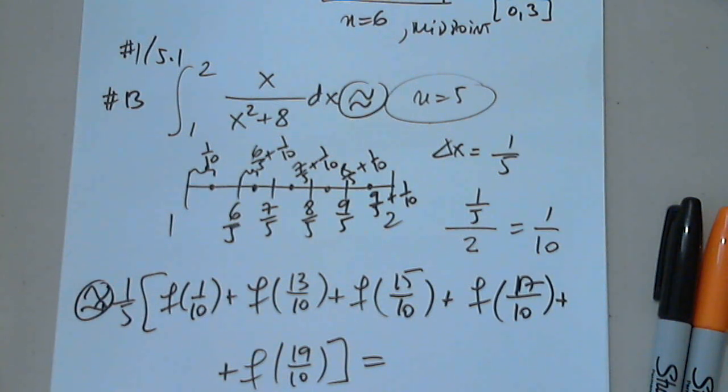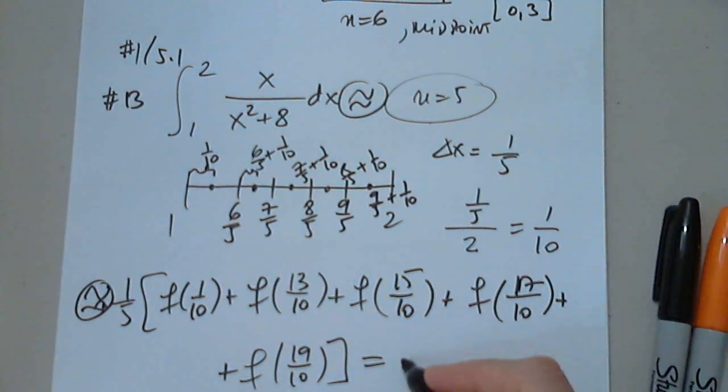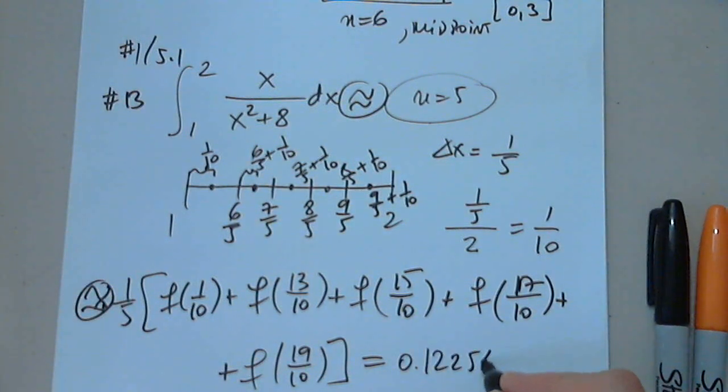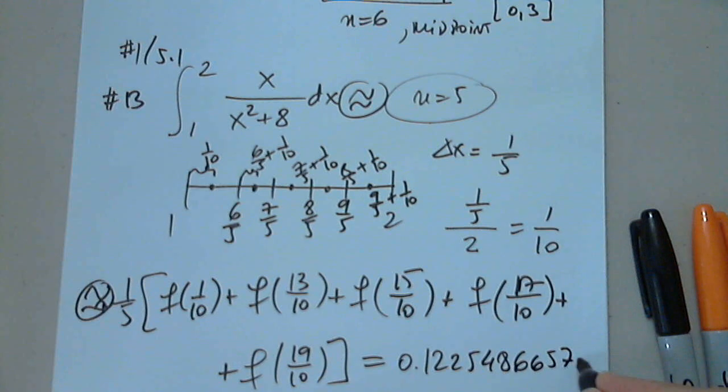Then I go to second and quit. I go to stats. I want to calculate this time, and it's one variable stats in list L2. And I calculate and I get 0.122548667. Any questions?